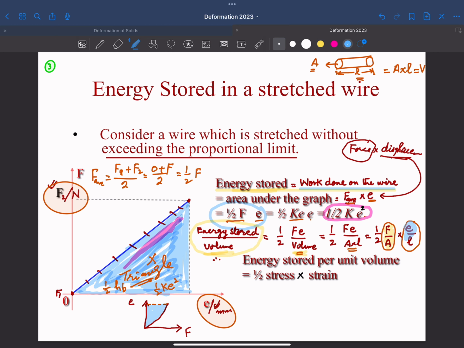So simply, half into stress into strain will give you the energy stored per unit volume.